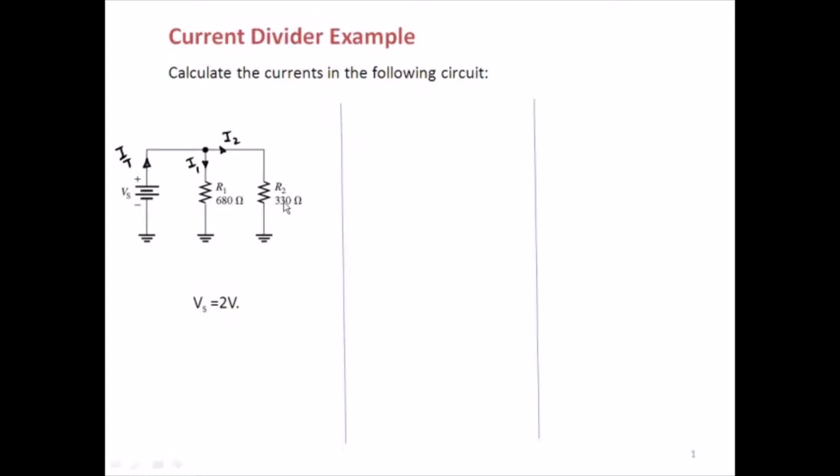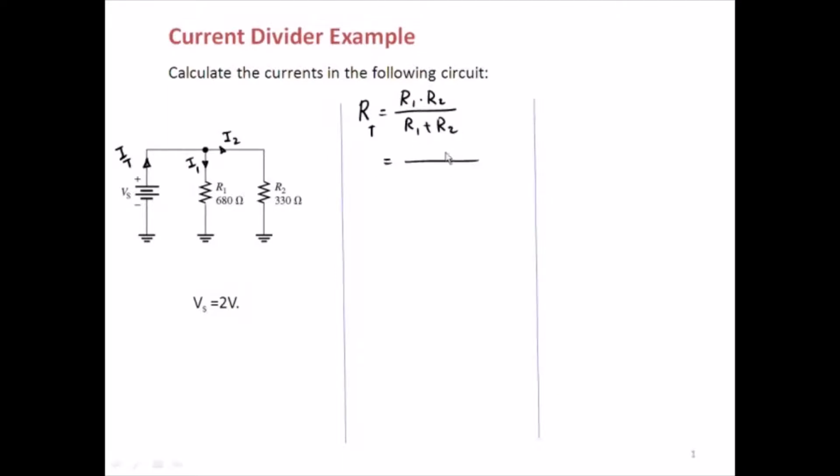Now, in order to calculate these currents here, we have to calculate the total resistance of this circuit, and the total resistance is given by R total equals R1 multiplied by R2 over R1 plus R2.